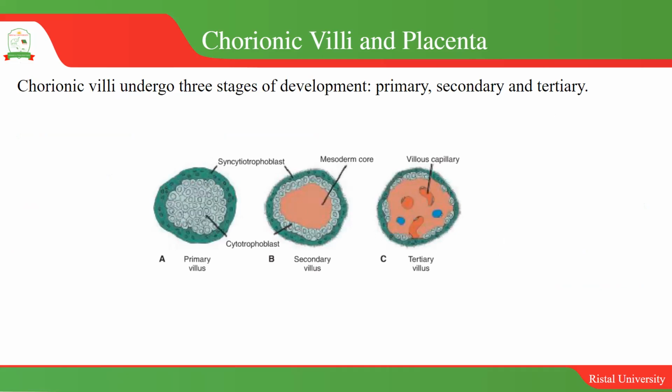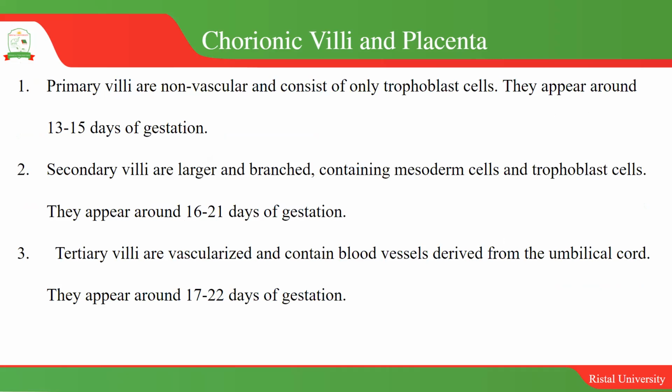So the development of the chorionic villi can be put into three: primary, secondary, and then the tertiary. Okay, so you will have the primary lacking blood vessels, and then the secondary now becoming large and also branched, and having mesodermal cells, the blast cells.